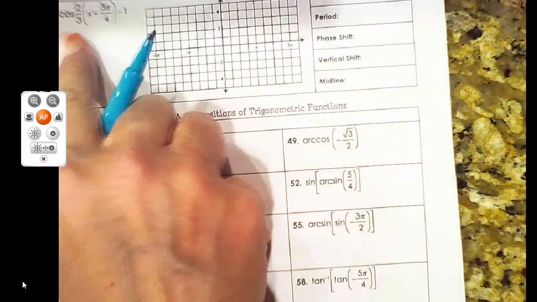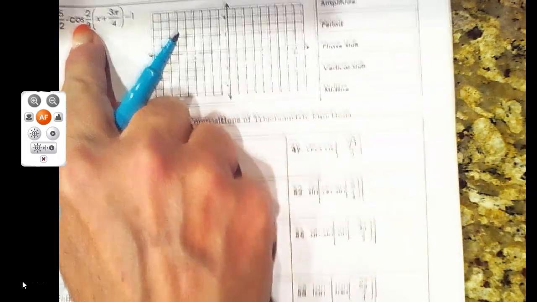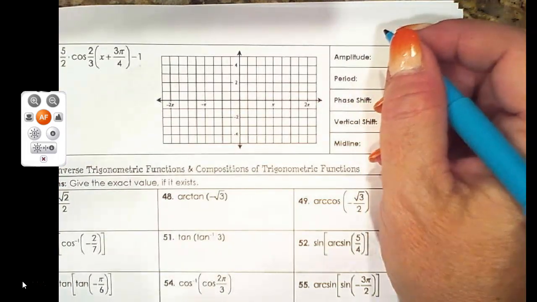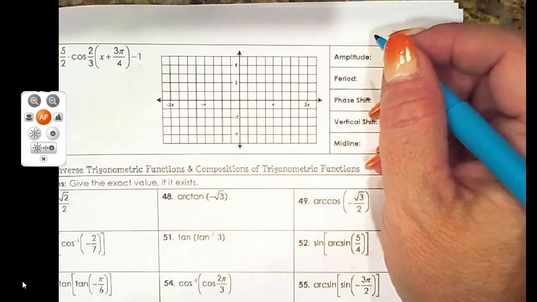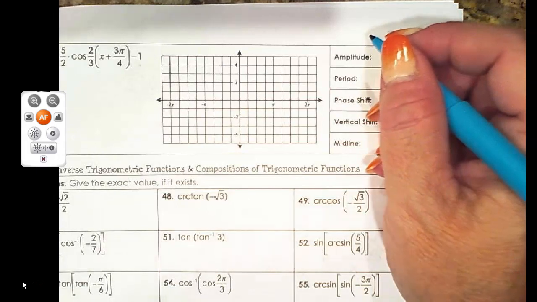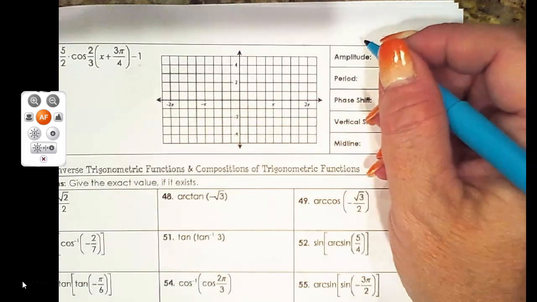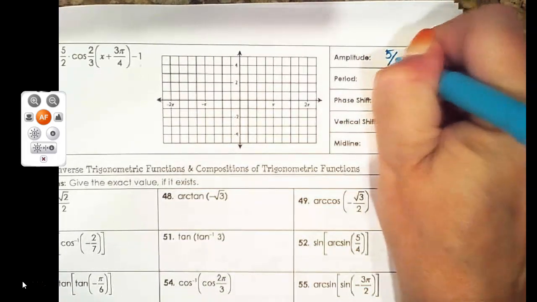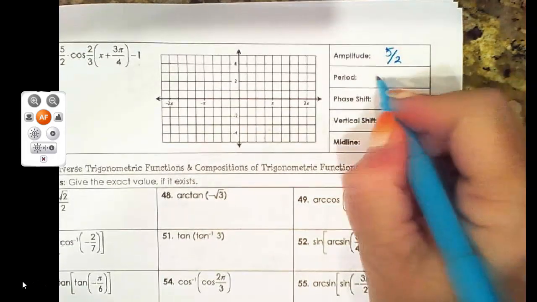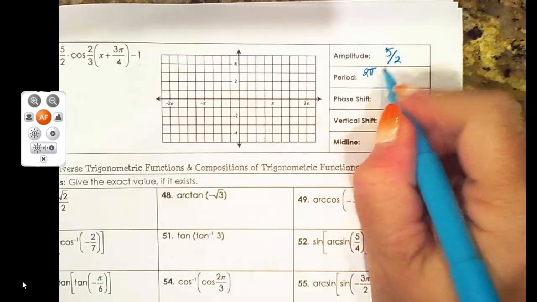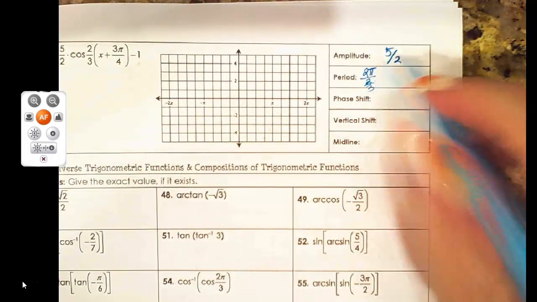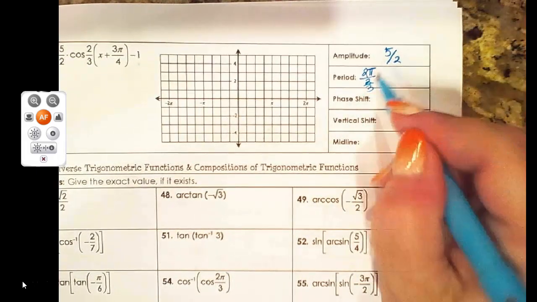Next section, I've got cosine, so I do have an amplitude. My amplitude will be whatever A is, so that's going to be 5/2 or 2.5. And my period, I'm going to use my period formula. And so that's going to be 2 pi divided by 2/3. So I flip it and multiply by 3/2.